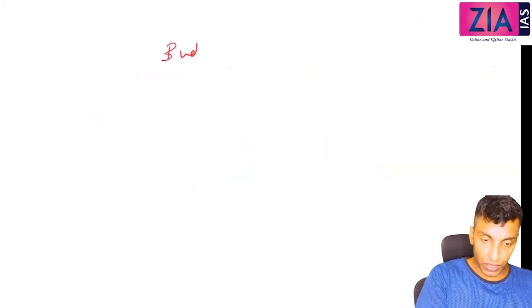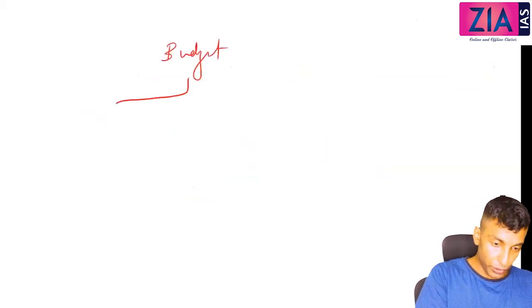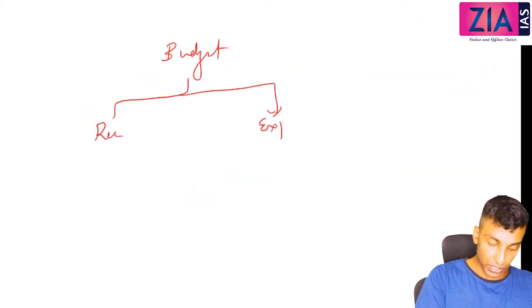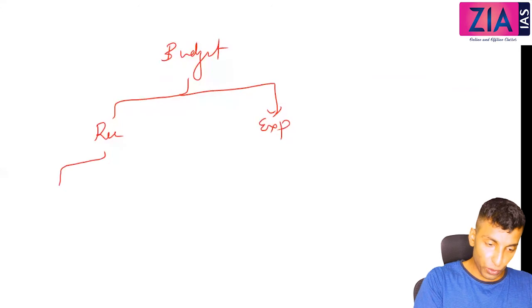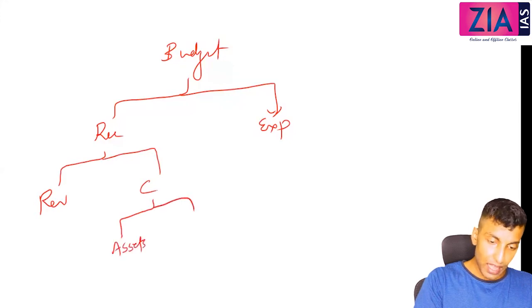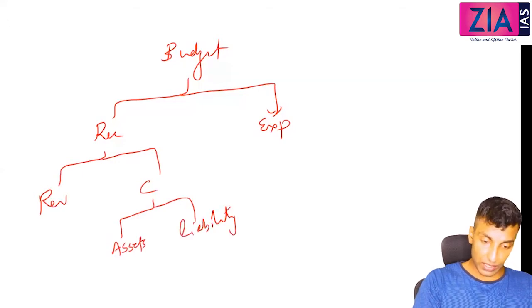When we discussed the budget, I've told you, you have receipts and you have expenditure. Receipts are of two types, right? Revenue receipt and also capital receipt. In this we have discussed assets increasing or decreasing, and liability also. This we have discussed, right?